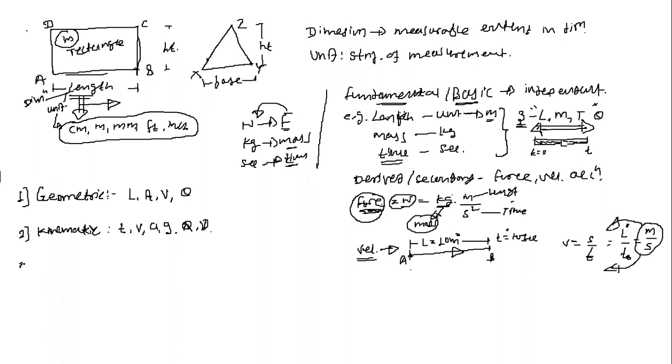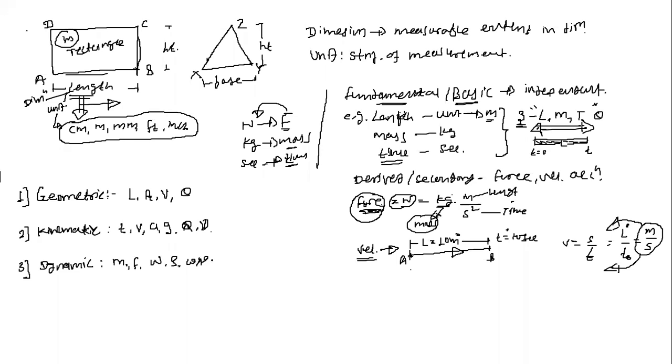Whereas the third group of the physical quantities is the dynamic quantities. Dynamic quantities include the mass, force, then weight W, density rho, specific weight, which I would like to write with a small w because we have already used gamma here, or we can write gamma.